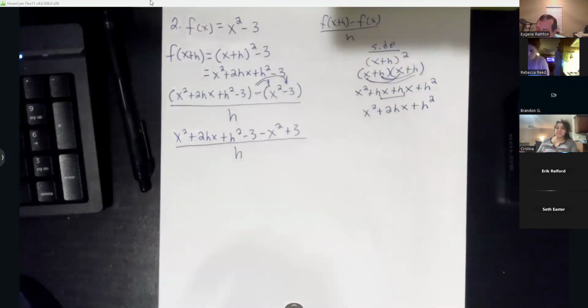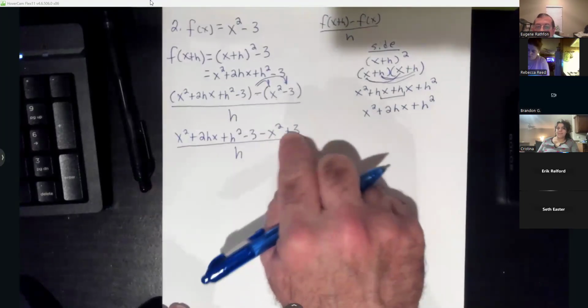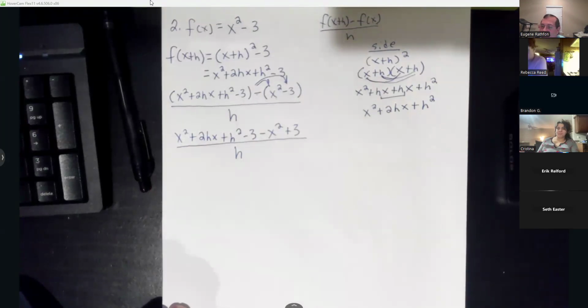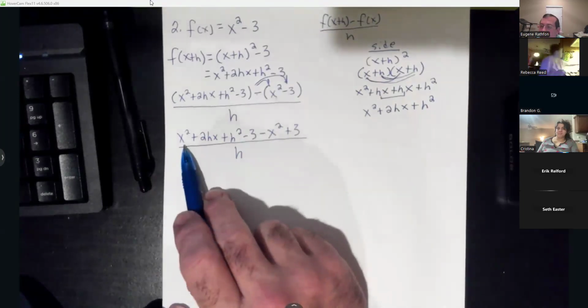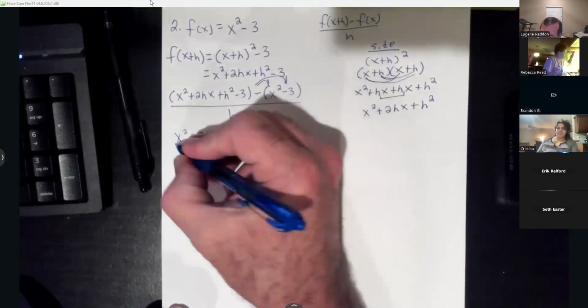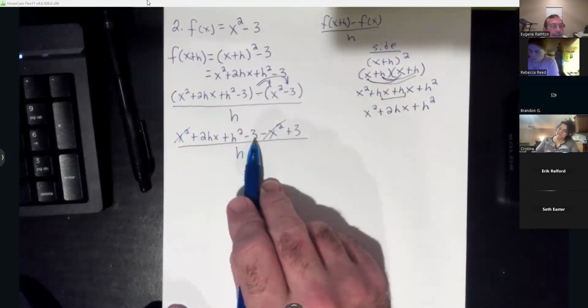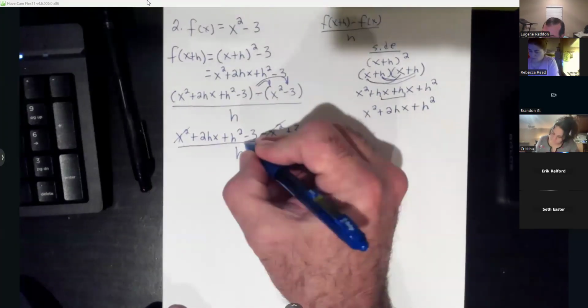But y'all remember a while ago I said everything from the second parentheses is going to cancel out every time. Was that going to happen? Well, I got an x squared and a negative x squared. Those are going to cancel out. I got a negative 3 and a positive 3.